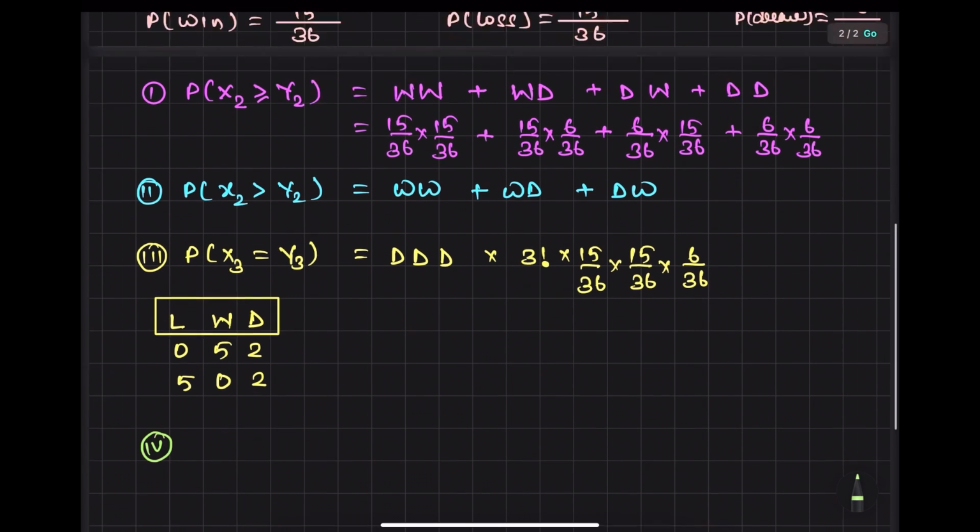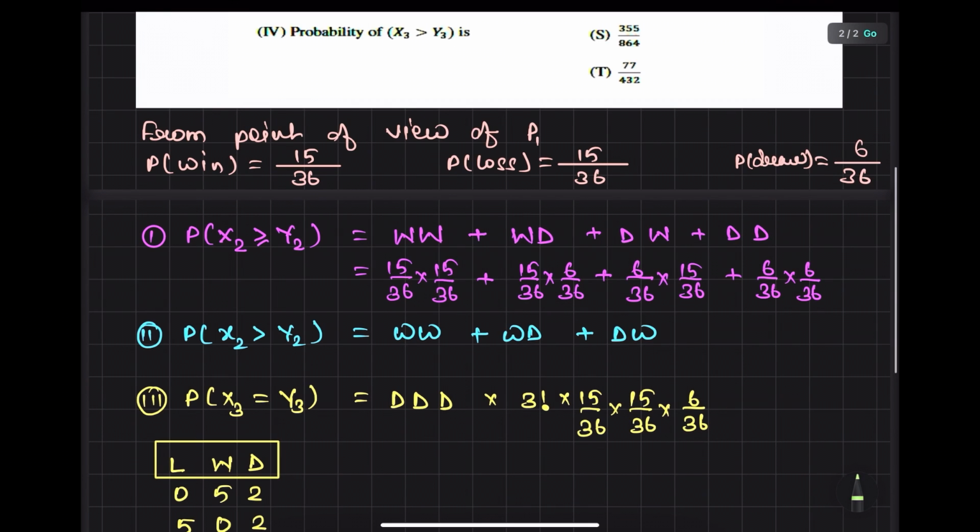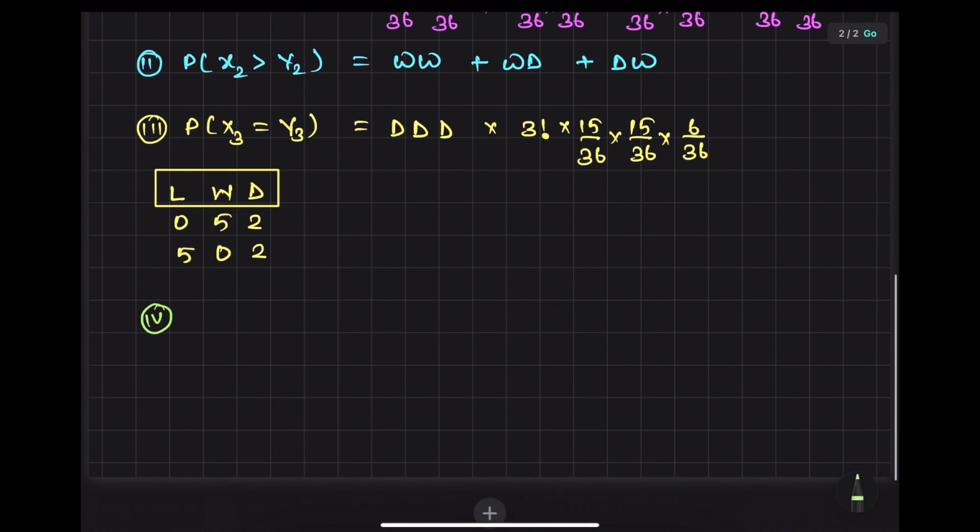In the fourth part they are expecting x3 to win the game. So P of x3 greater than y3 means person 1 will score greater points than the second person. Okay, so when is it possible, if all games are won by me.